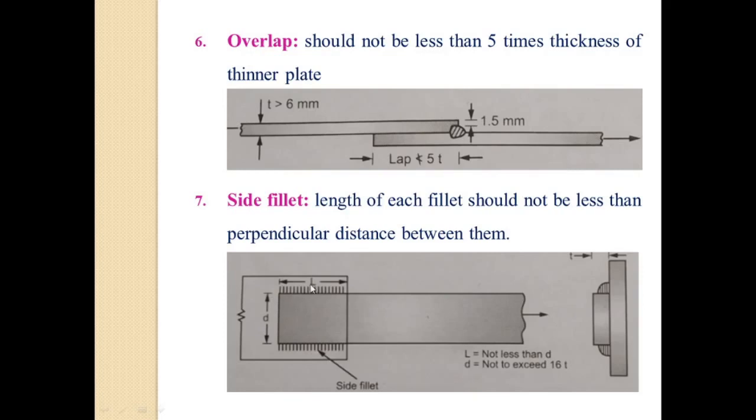So the value of L should not be less than the value of D, and D should not exceed 16 T, where T is the thickness of the thinner plate. So the side fillet should not be less than the perpendicular distance between these two side fillet welds.